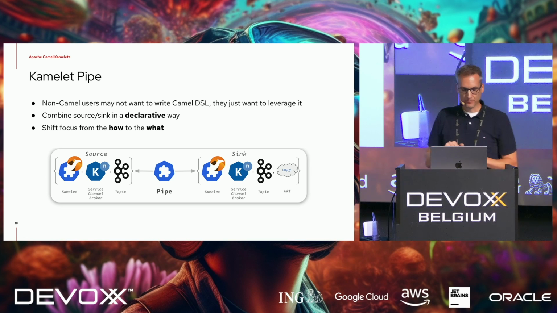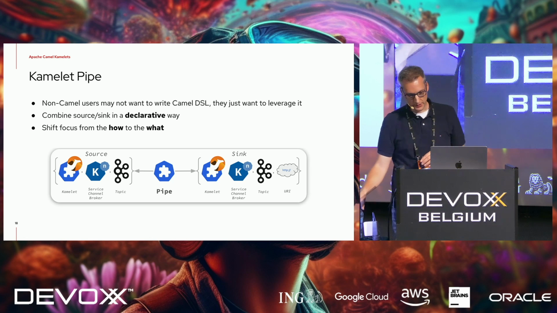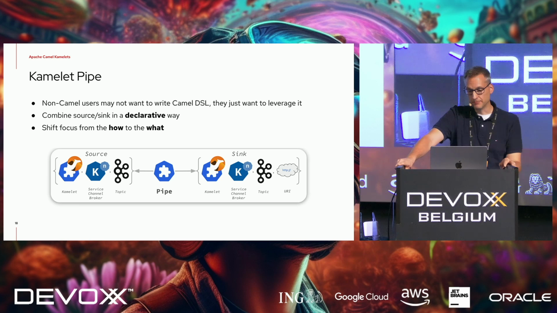So you say, I have a source of type Camelet, or it could be a Kafka topic or a Knative resource, and I want to link this with a sink using also some of these resources like a Camelet, a Knative resource, and the Kafka topic, and I can also bind this to an HTTP URI.